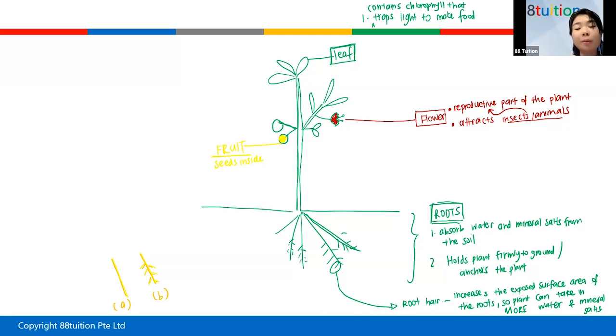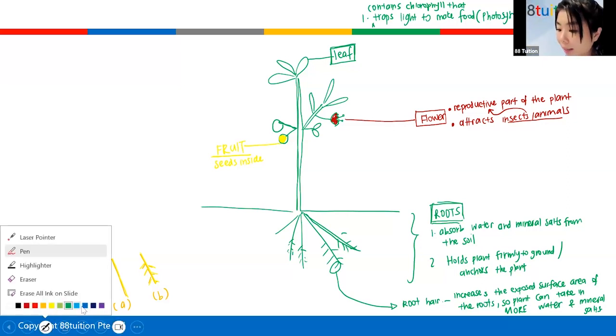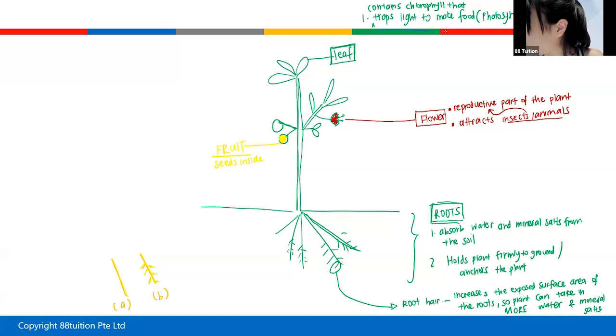Now, the process of making food, what is it called scientifically? It starts with P. Photosynthesis. Good. Now, I'm going to ask you something. Do you know the chemical equation for photosynthesis? Or simply put, do you know the ingredients needed for photosynthesis and what is produced during photosynthesis?